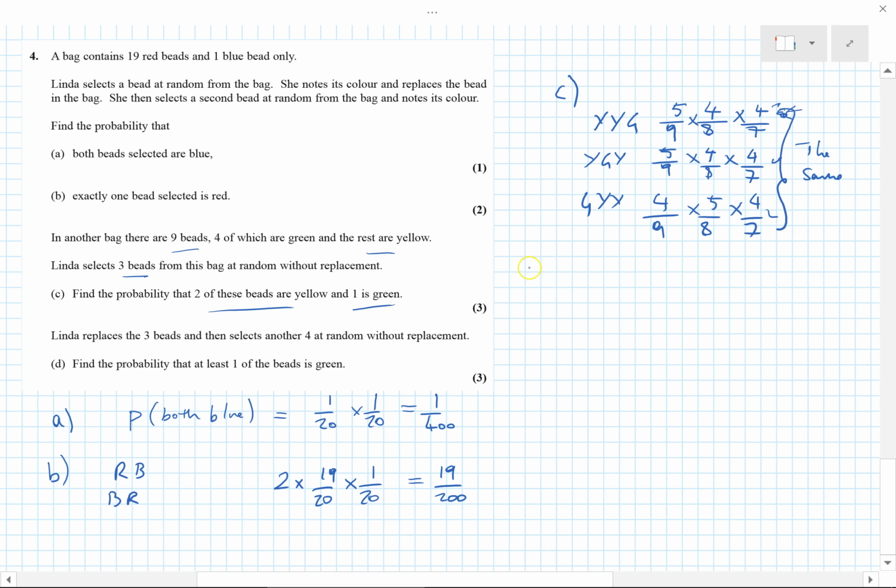So we can find the probability we want: the probability of 1 green, 2 yellow is equal to 3 times 5 over 9 times 4 over 8 times 4 over 7. And that equals 10 over 21.